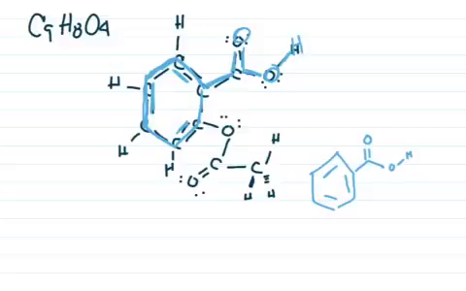Now next, we're going to have carbon to this oxygen, oxygen to this carbon, then we have a double bonded oxygen, then we have a carbon right here. So we're going to draw this out.